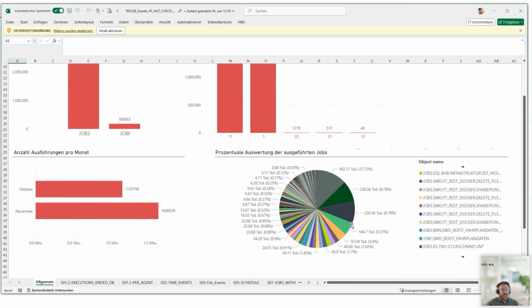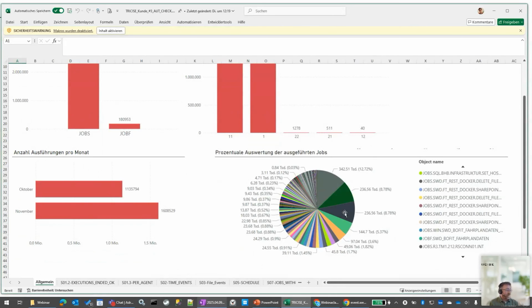We have rank 1 with 342,000 executions, 12.7%. Ranked as object number 2, 8.78%, and number 3, also a little bit less, 8.78%.